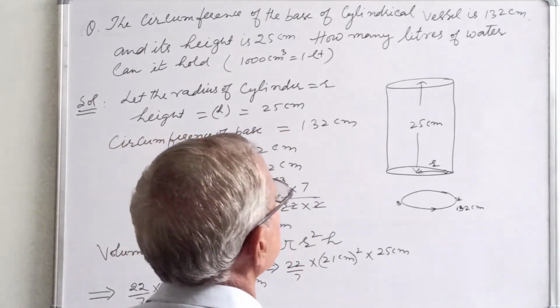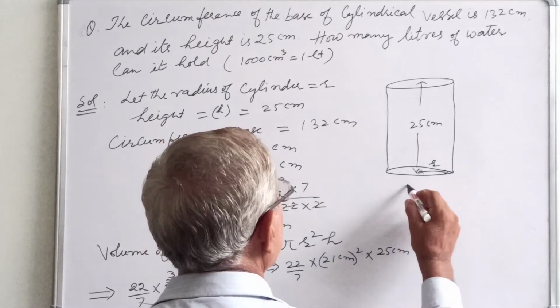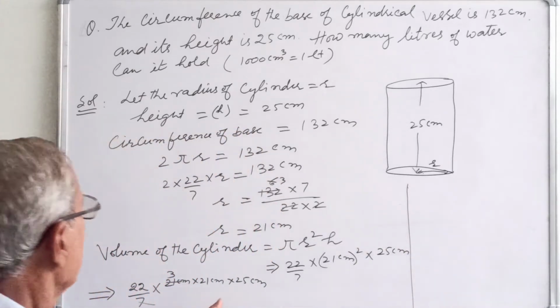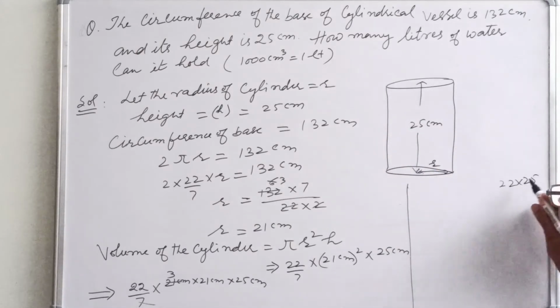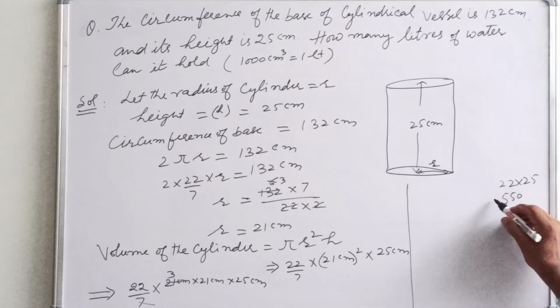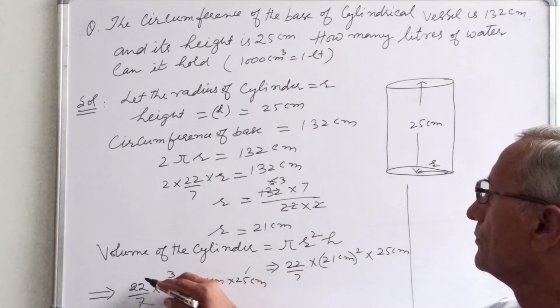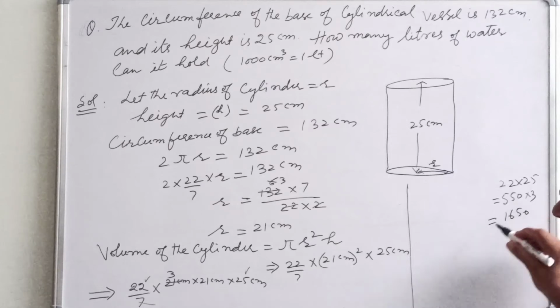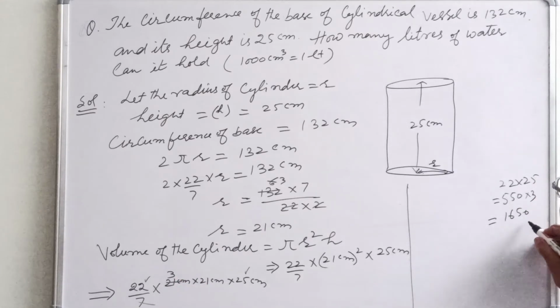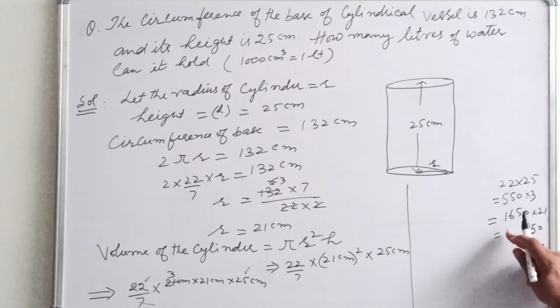Multiply. 2 multiplied by 25 is 50, then 3 multiplied, 1650. Then multiplied by 21: 21 into 5, 105, 21 into 6, 126 plus 10, 136 and 34.